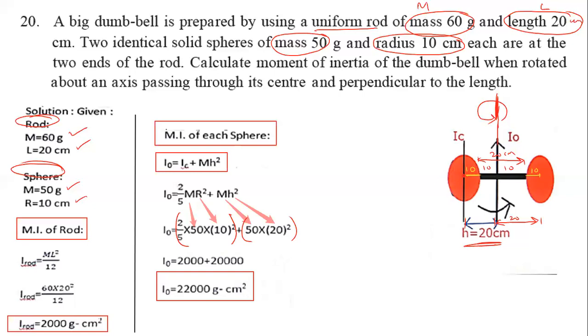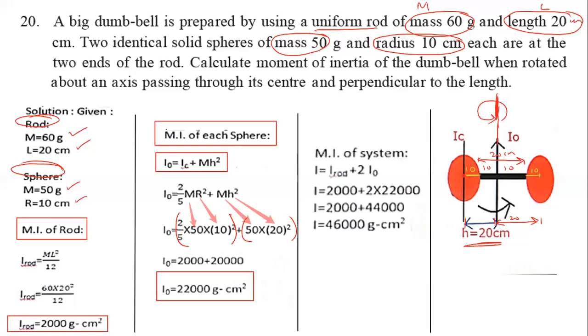Now we can find the moment of inertia of the system, which they ask in the problem. The moment of inertia of the system is equal to the moment of inertia of the rod plus the moment of inertia of the spheres.